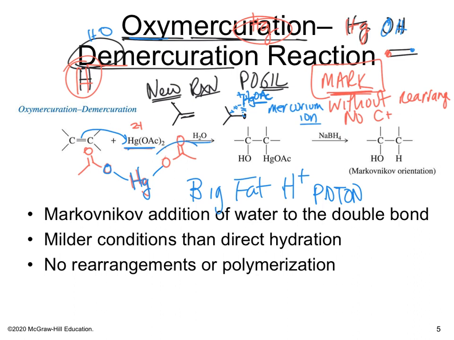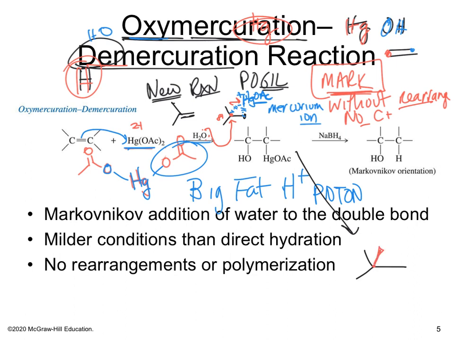It loses one of these OAcs, and it does this three-membered ring. And then whatever the nucleophile is, you have it in water. You can also have it in methanol. Now the nucleophile is going to add to the more substituted carbon. You see? That's the delta positive. It's kind of like a masked carbocation. But it's not a carbocation, so we don't have rearrangement. Now we have the ring opening. So what does that look like here?